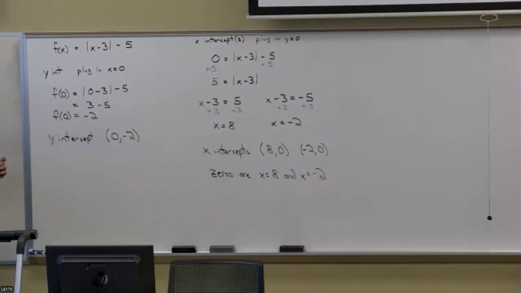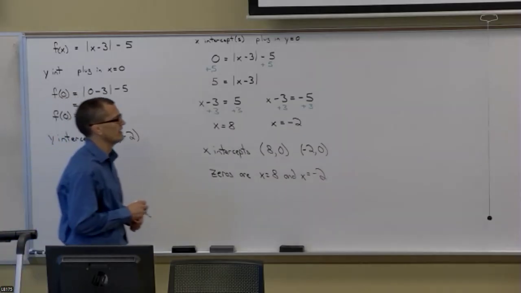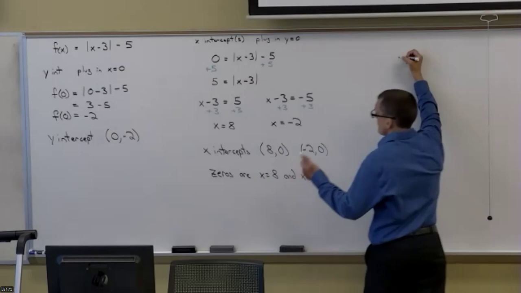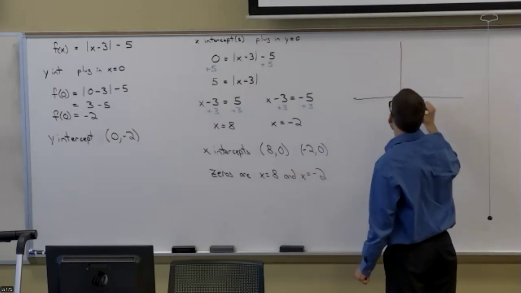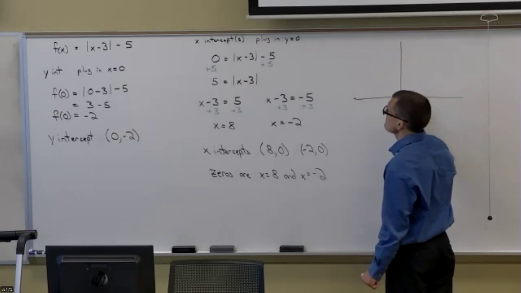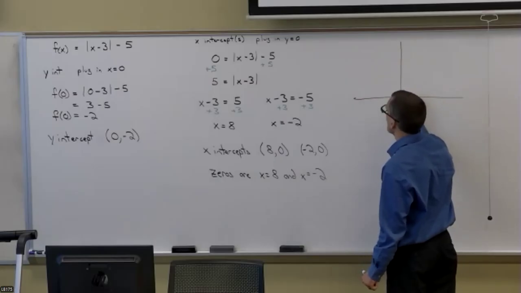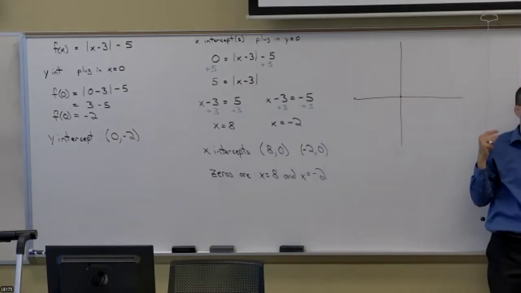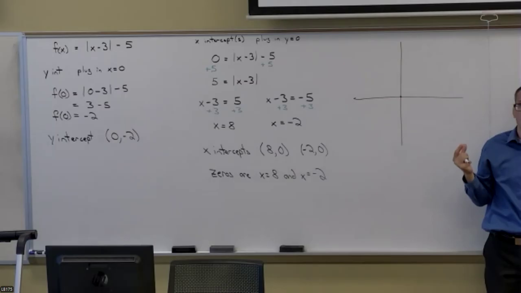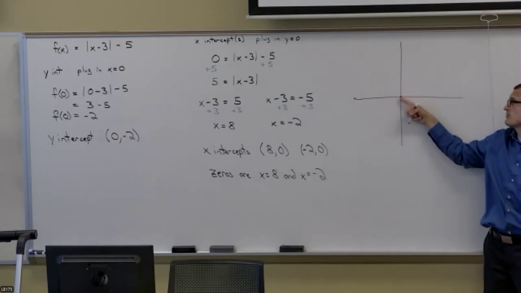So there we go. Y-intercepts, x-intercepts. We're good to go. If you wanted to graph this function by hand, what I would probably do is think, okay, we started with an absolute value function.